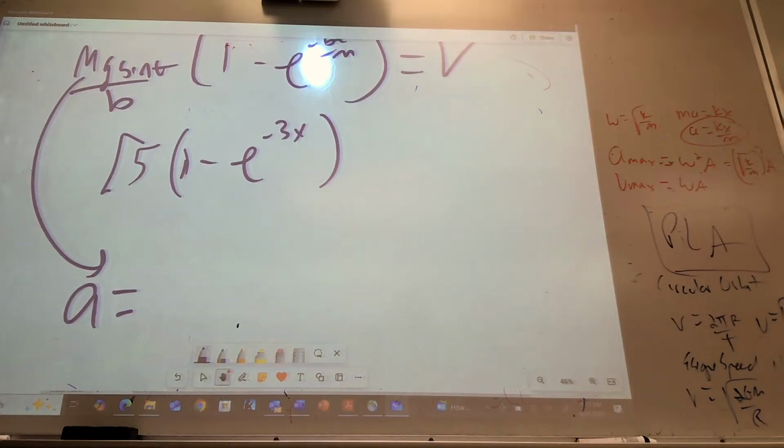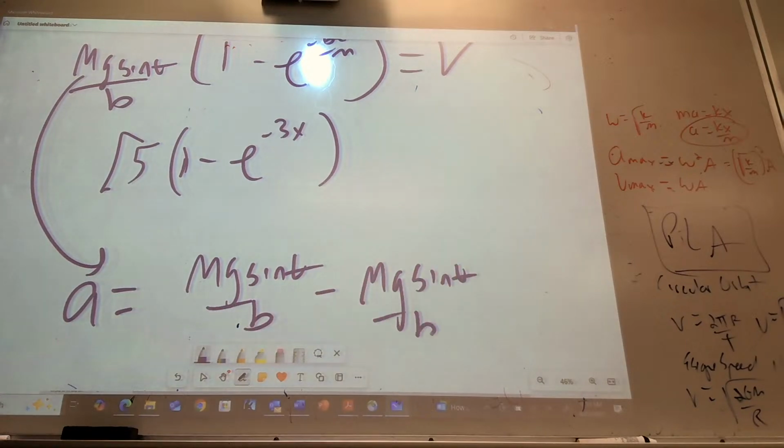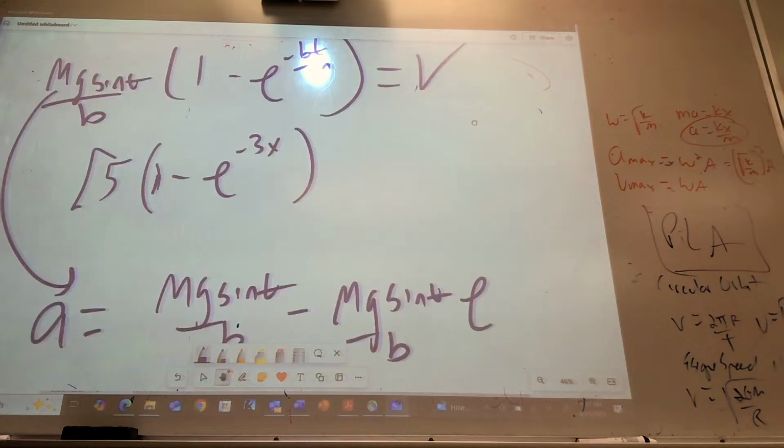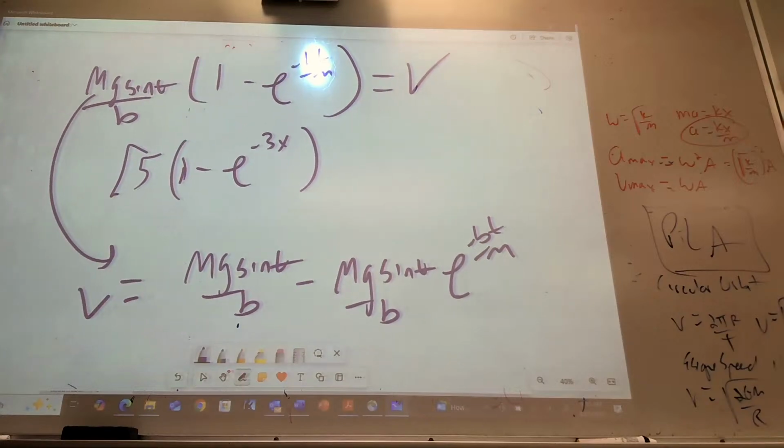Yes, b is a constant. I'm writing it this way, not as a, this is v, just in case you find it easier to take the derivative in this form.